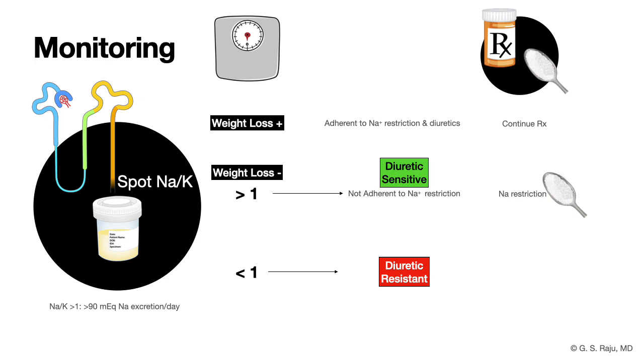So then you can increase the dose from 100 to 200 milligrams of spironolactone and 40 to 80 milligrams of furosemide. In other words, in this case, you want to increase the dose of diuretic. And this is how you manage patients with ascites.